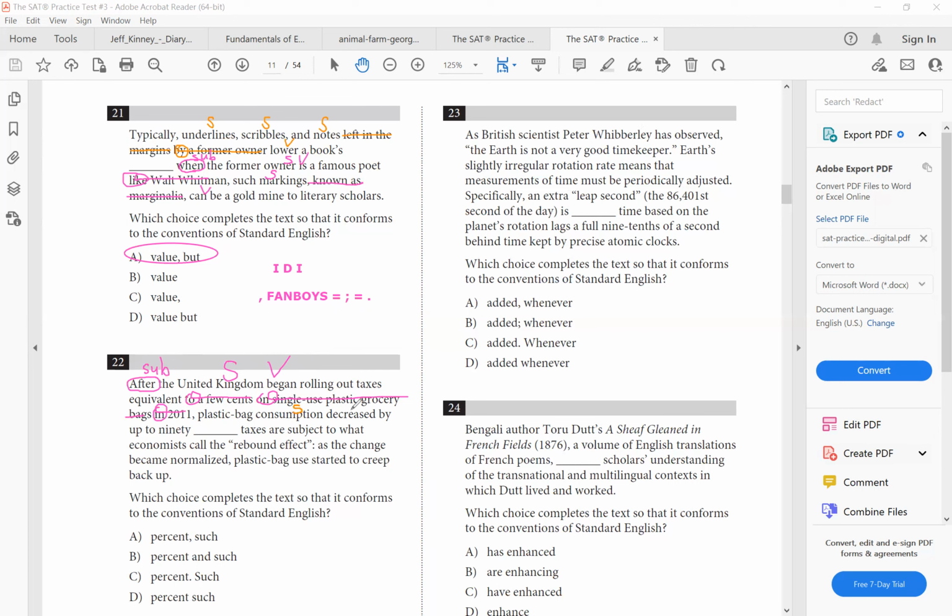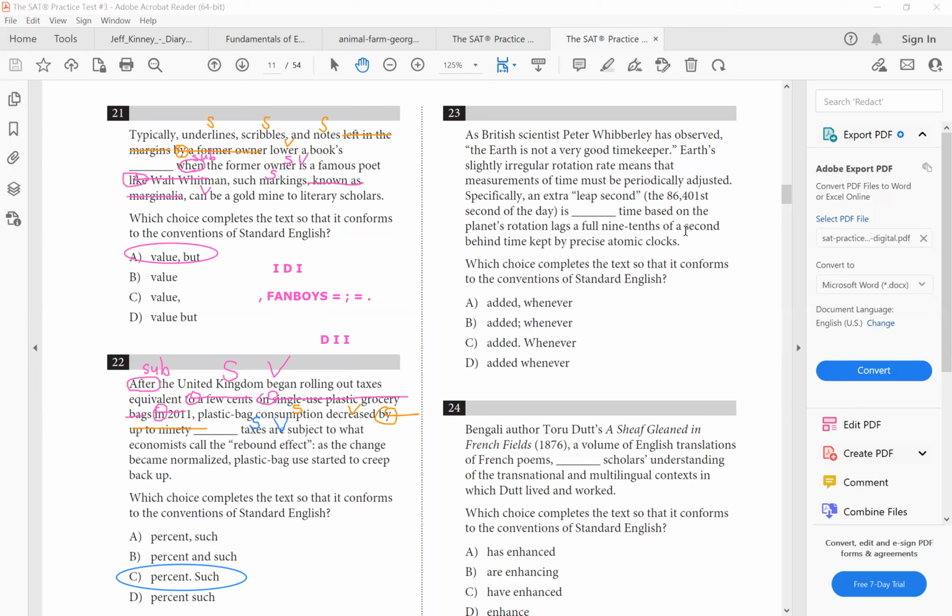Plastic bag consumption decreased, cross out by up to 90%. And then such taxes, we have another clause. Such taxes are subject to what economists call the rebound effect. And I'm going to stop at the colon. But now we know we have two complete sentences, right? Because this is dependent plus independent plus independent. So I need a period function. And that is why C is the only possible answer.